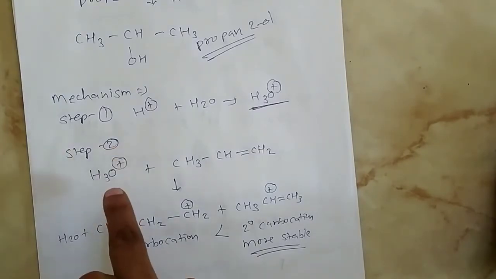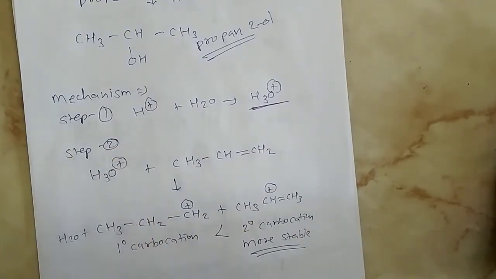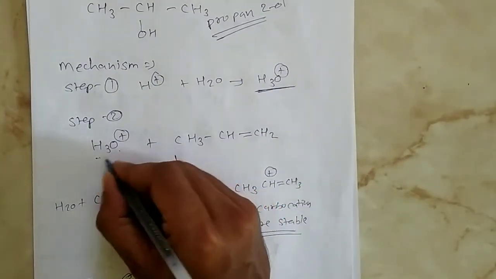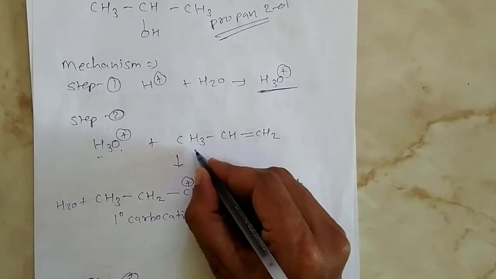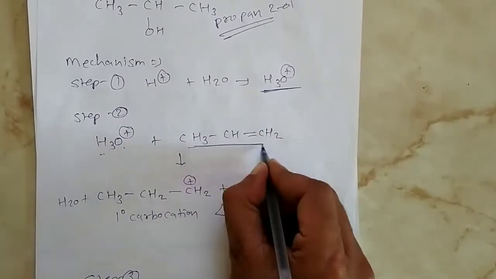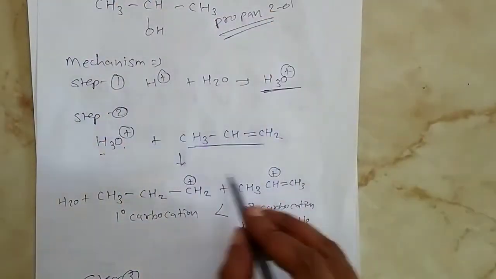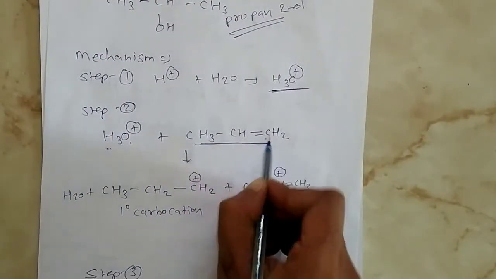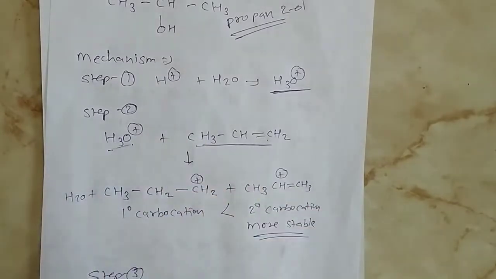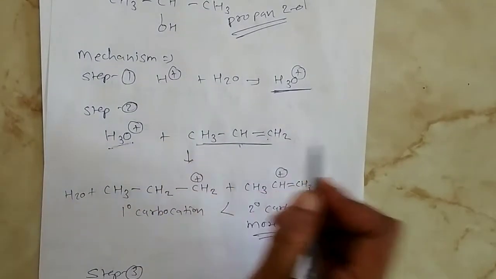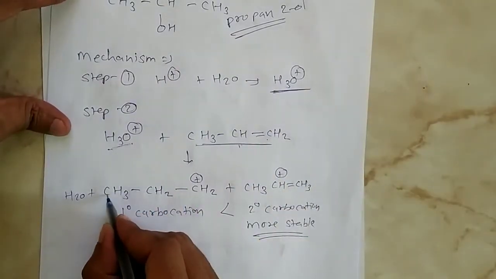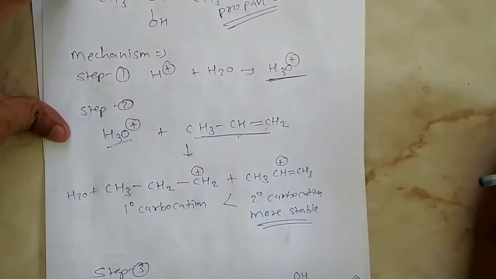Now in step 2, this H3O plus will donate H plus ion to the alkene. We have taken propene, so this is our propene. You can see H plus ion will go.